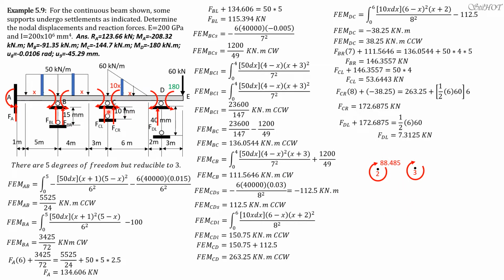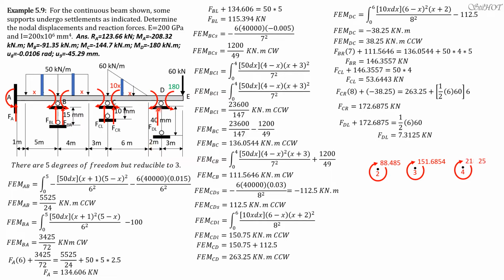At node 3, we have fixed end moment CD, which is 111.5646 minus fixed end moment CD, 263.25, and I think it's negative, so it is clockwise also, 151.6854.